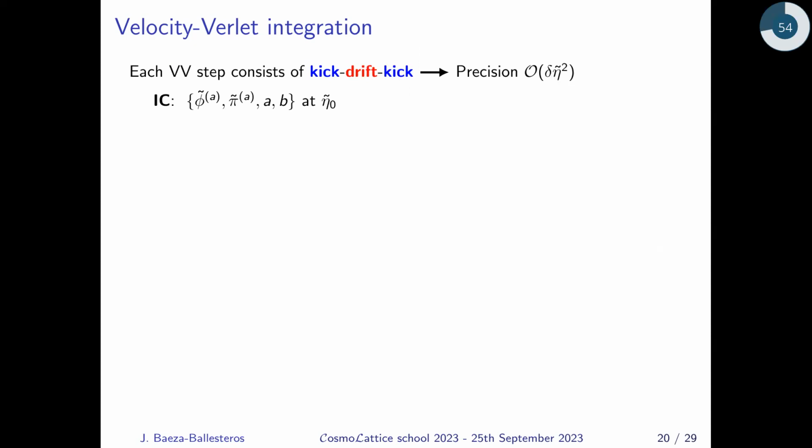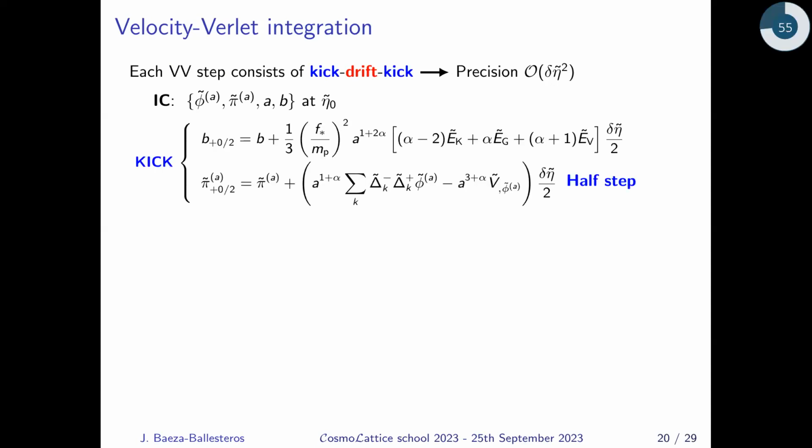So let me explain how they work. We start with some initial conditions defined, which are just the value of the field, its conjugate momentum, the scale factor, and the derivative of the scale factor defined at the initial time. We solve the kick for half time step. This is, we evolve the derivatives: the derivative of the scale factor and the derivative of the conjugate momentum.